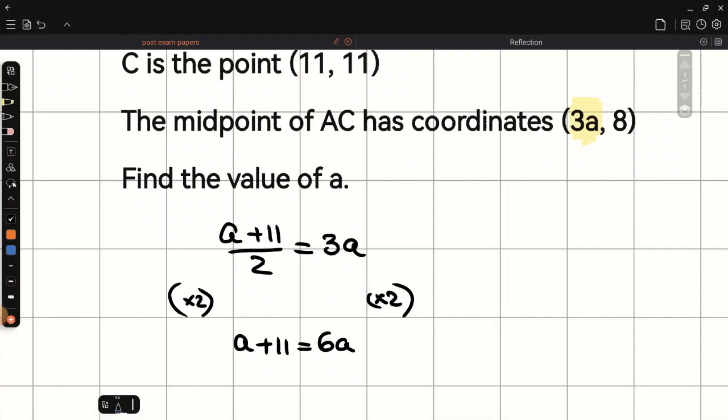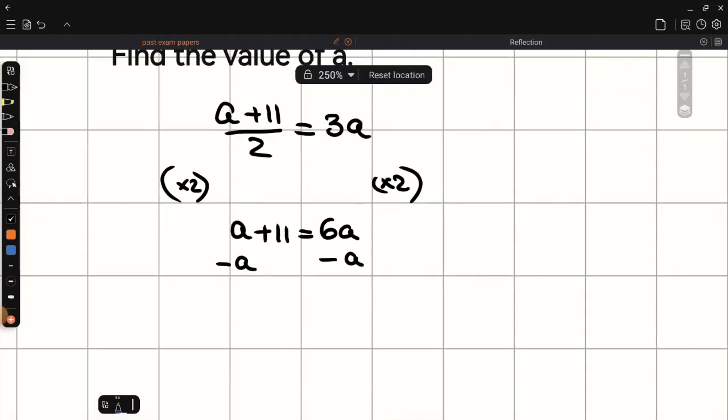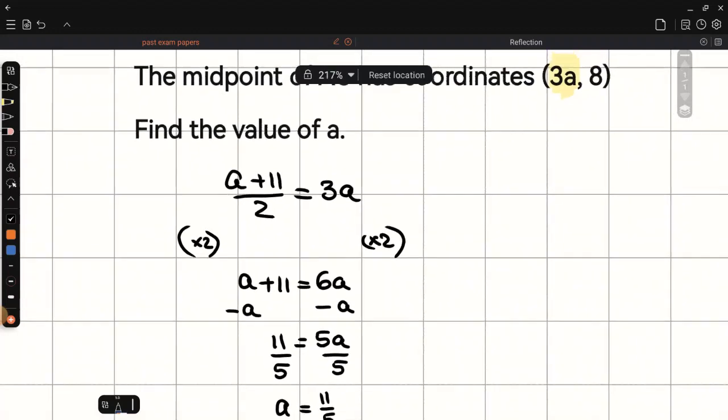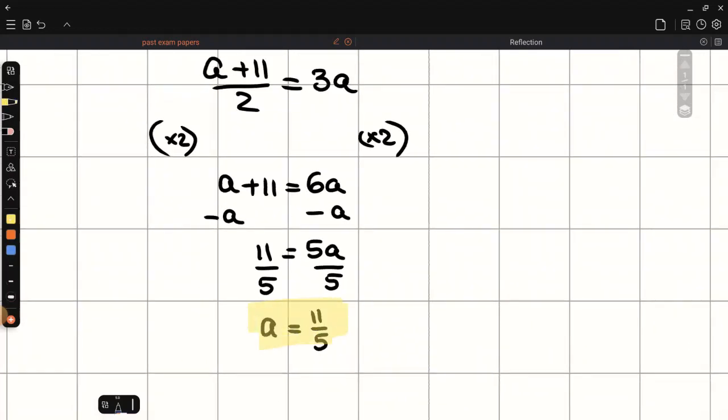Then subtract a from both sides, which gives 11 equals 5a, and divide both sides by 5, and a is 11 over 5. We just found the answer, which is 11 over 5.